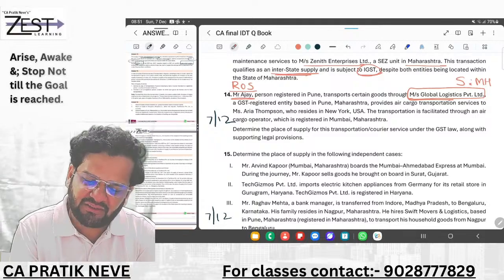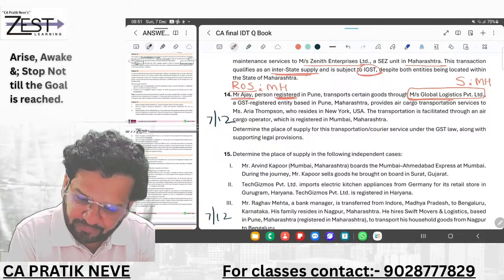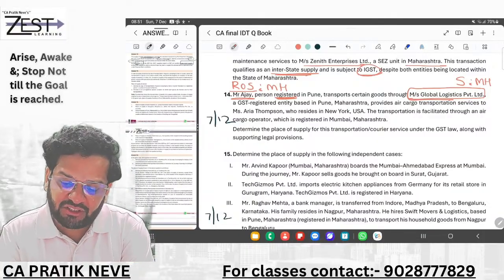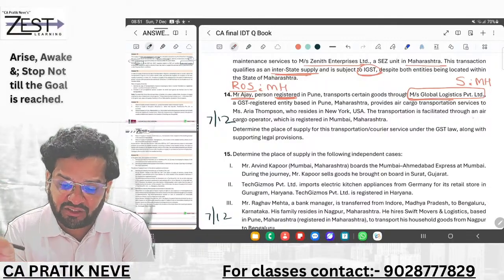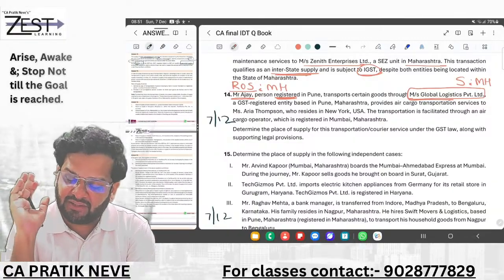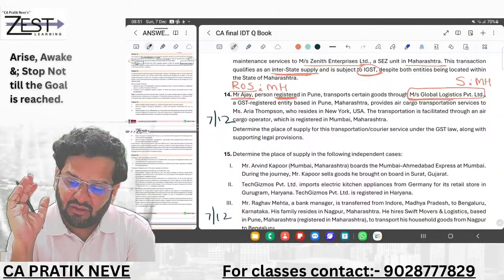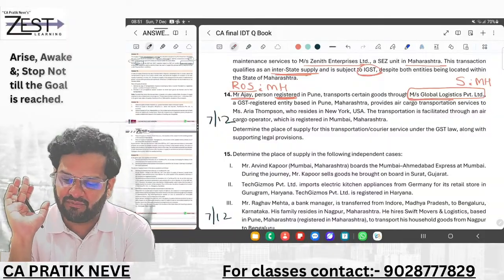The recipient of supply is also in Maharashtra and is registered. It provides cargo transportation services to Miss Aria Thompson, who resides in New York, US. The transport is facilitated through an air cargo operator registered in Mumbai, Maharashtra.